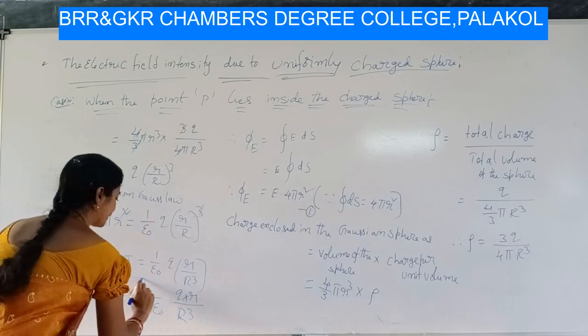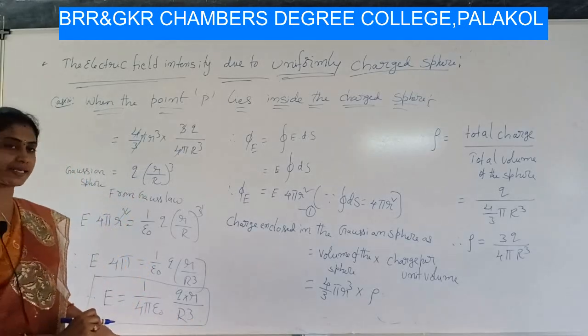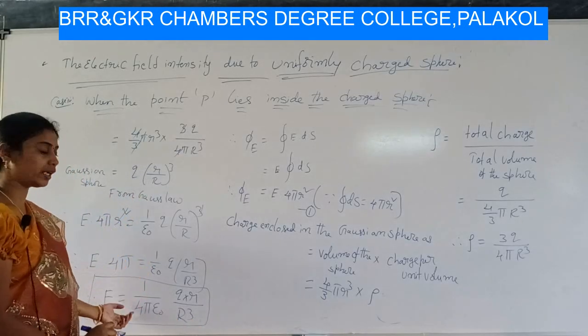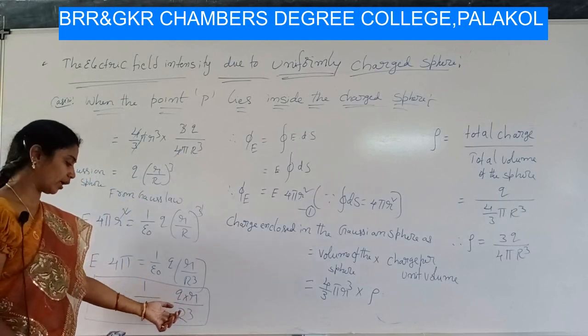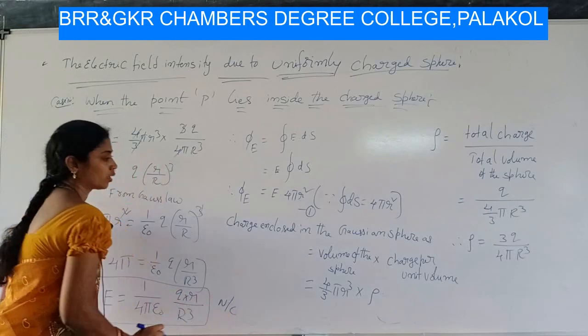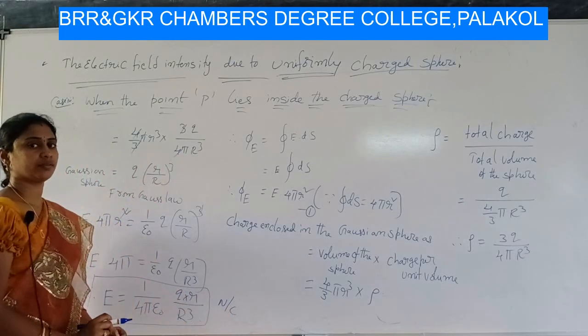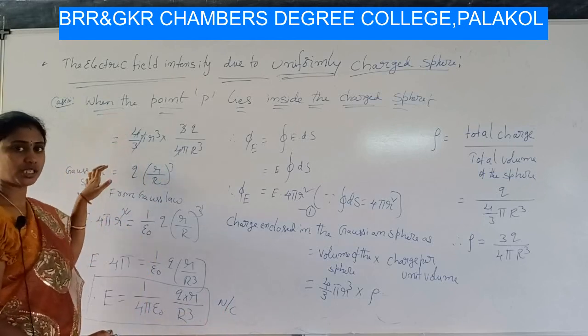This is the electric field intensity when the point P lies inside the charged sphere, in Newton per Coulomb. This is case 3, for the point lying inside the charged sphere.